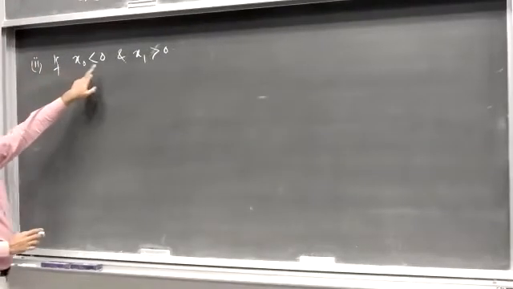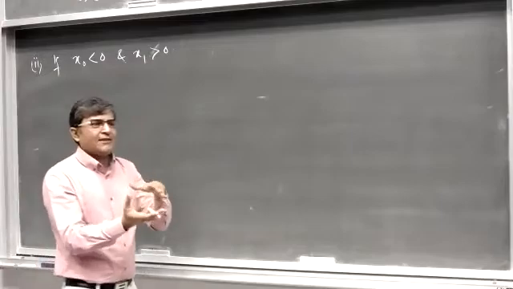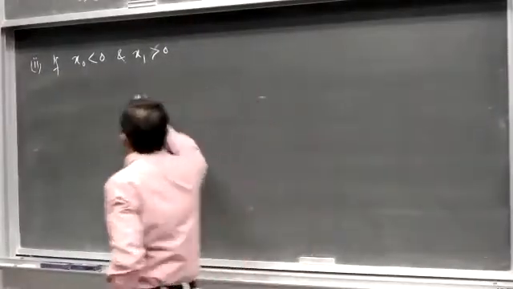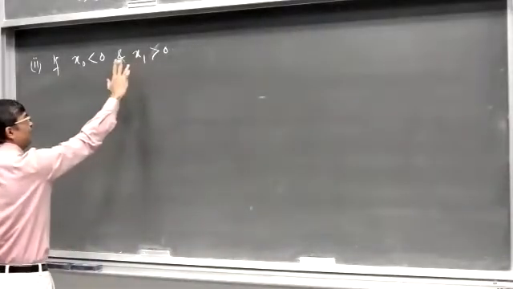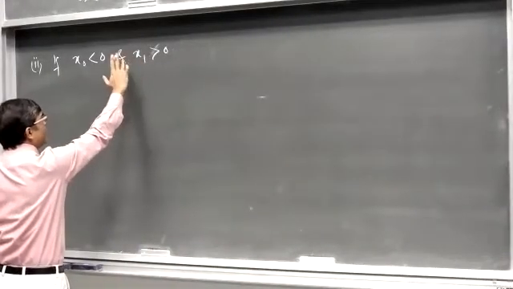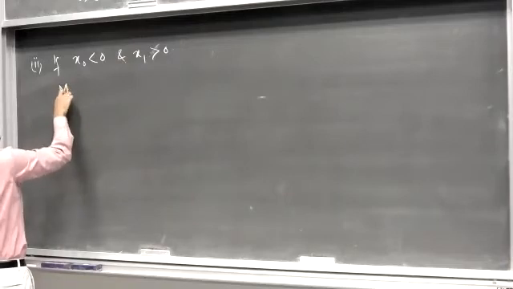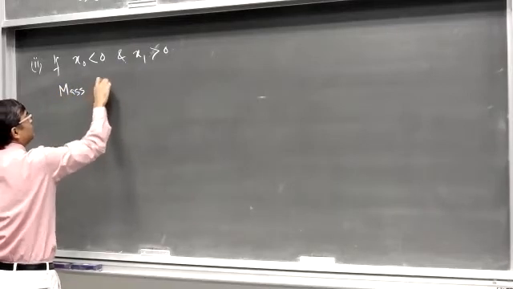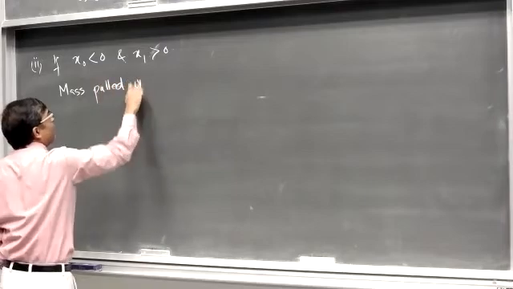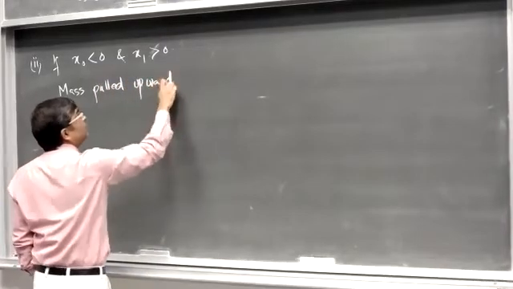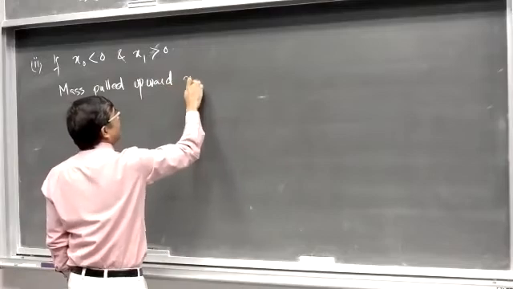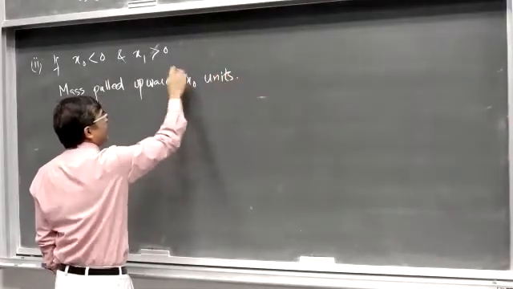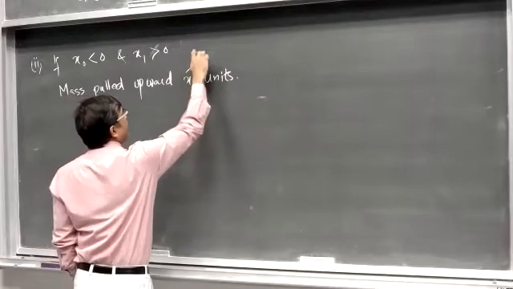And if x0 is negative, then the mass is pulled upward, and then we leave it with an imparted velocity which is downward, and we consider it positive. So the mass is pulled upward x0 units, definitely this x0 will be negative.